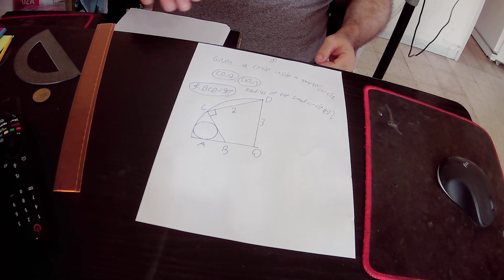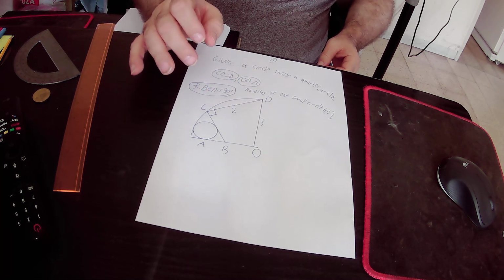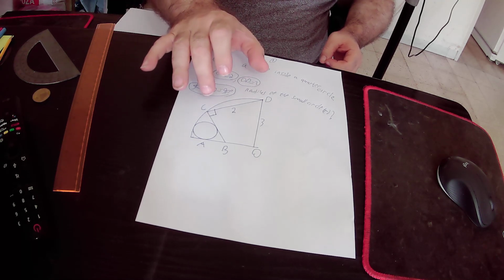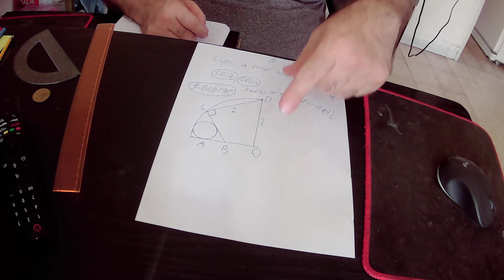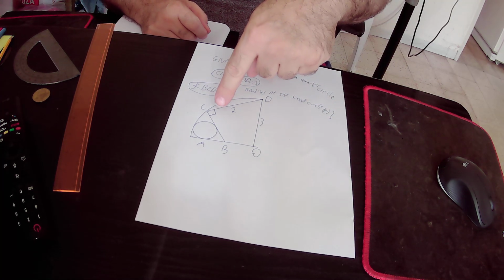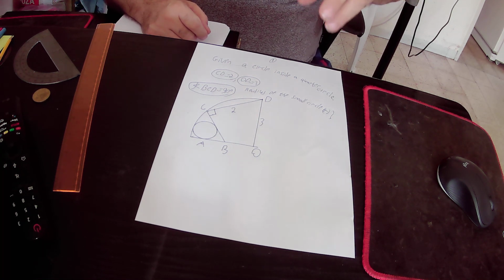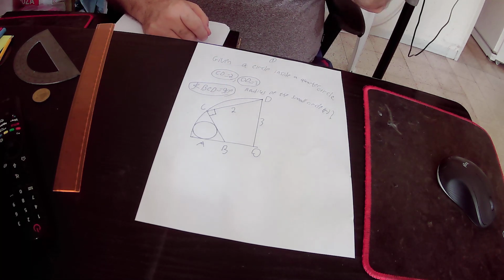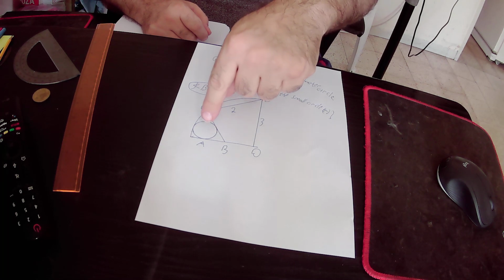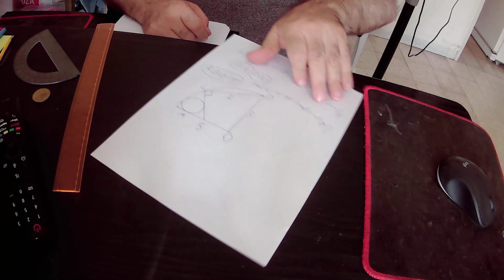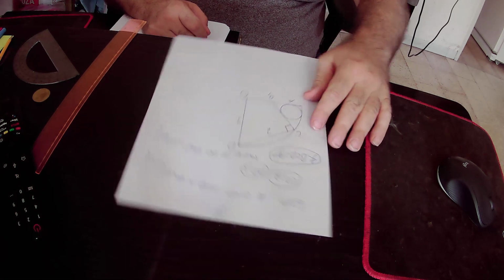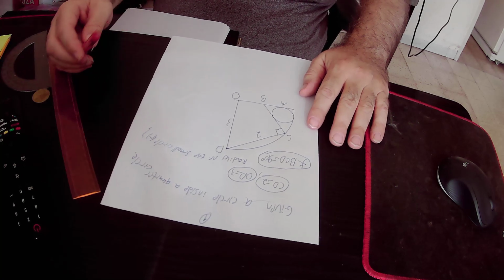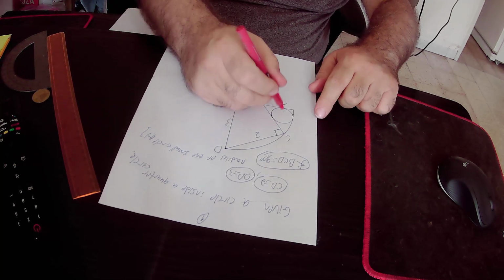In the drawing we have a quarter circle, and we know that chord CD equals 2 units, OD equals 3 units, angle BCD equals 90 degrees, and inside the quarter circle we have a small circle, and we want to find out the radius of this small circle.